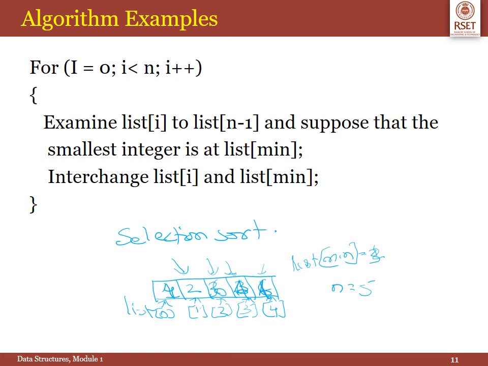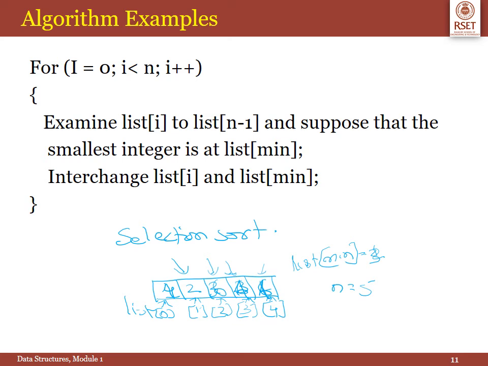Now it has checked the complete array and identifies that list[min] is 1. So what it does, it interchanges the list[0] value and the list[min] value. So technically this becomes 1 and this becomes 4.